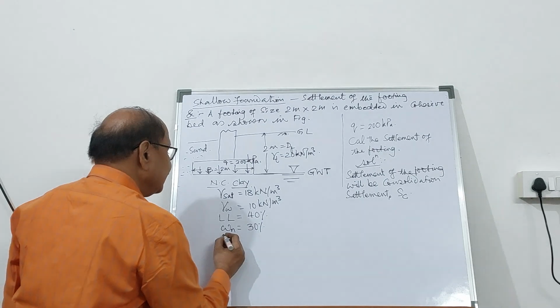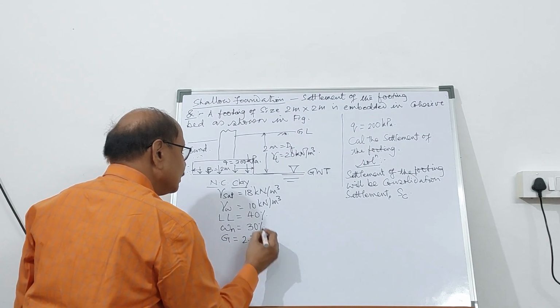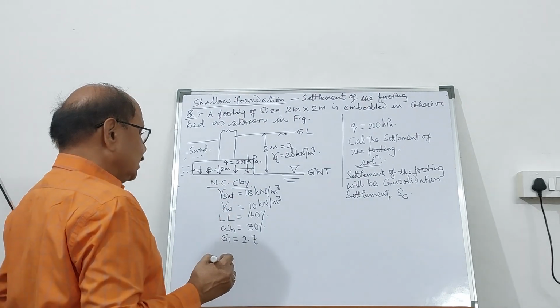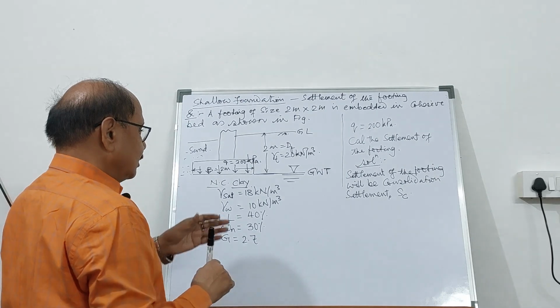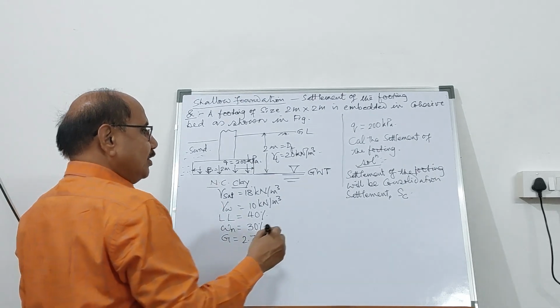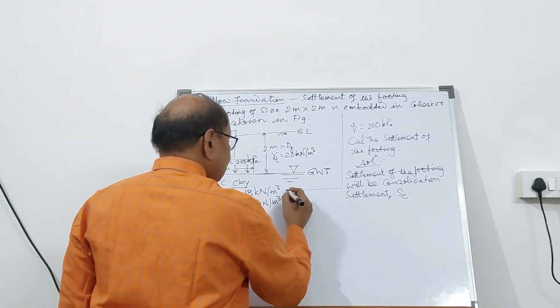The value of G, the specific gravity, is 2.7. So these are the informations given from the soil test. We know it. And we need to calculate the consolidation settlement.